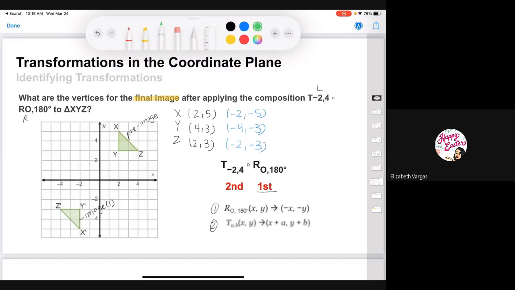Okay? Now we're looking for our image, the final image after our second transformation, which is a translation. So what we're going to do is we are going to subtract 2 from x and add 4 to y. And that gives us the following coordinates.